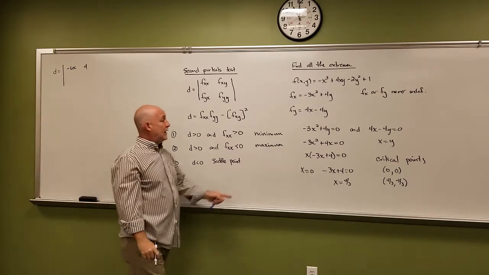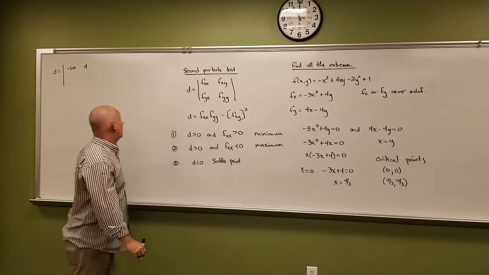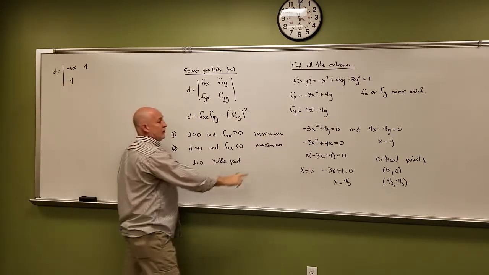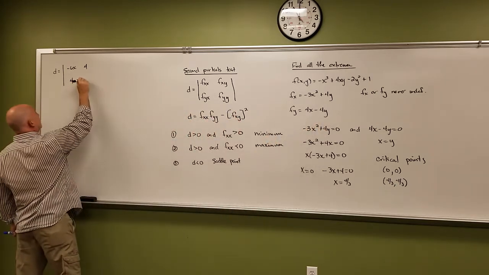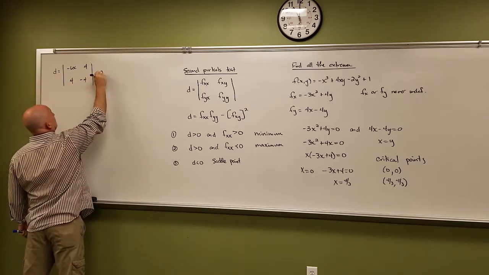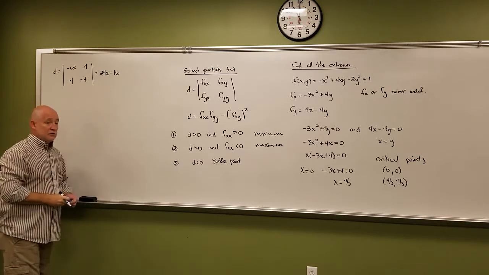F sub yx, the derivative of this with respect to x, would be 4 also. And f sub yy, the derivative of this with respect to y, is negative 4. All right, so this ends up being 24x minus 16. So there's our function d.